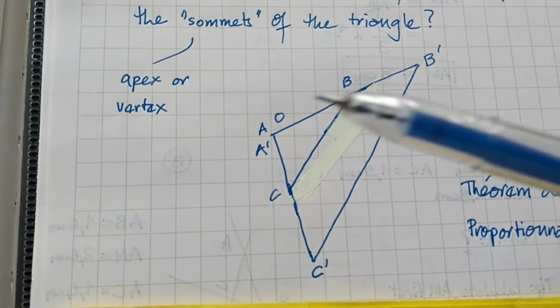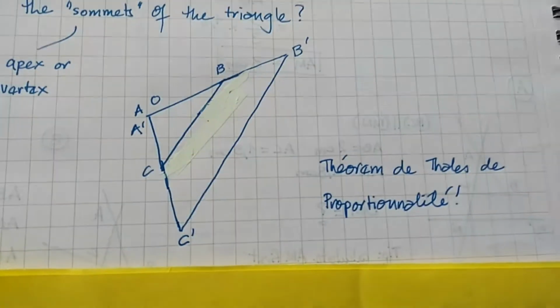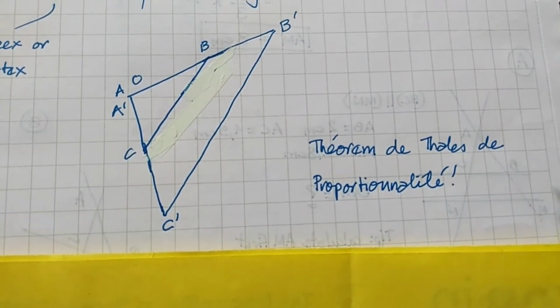Okay. Now what does this triangle look like to you? What does this figure look like to you? Of course, it is the figure of the Theorem of Thales of Proportionality.